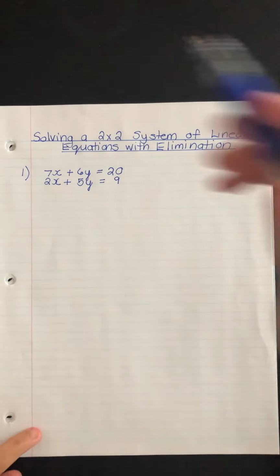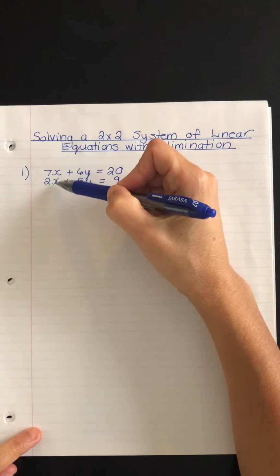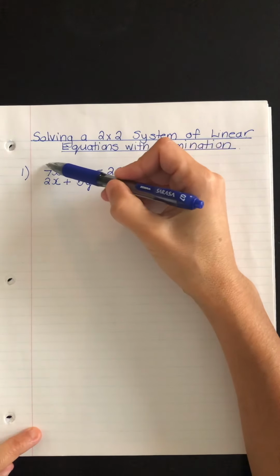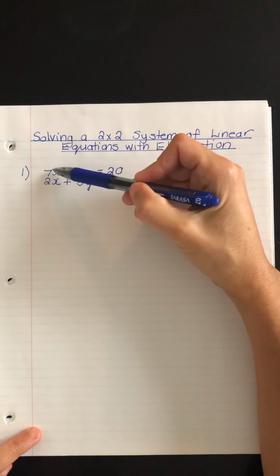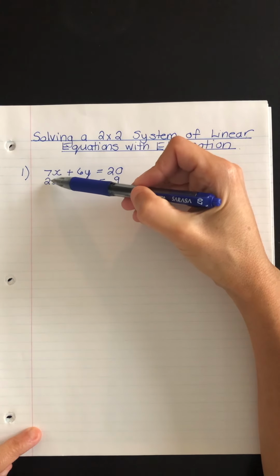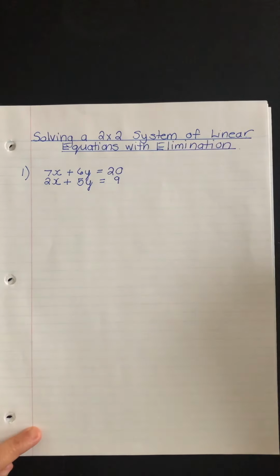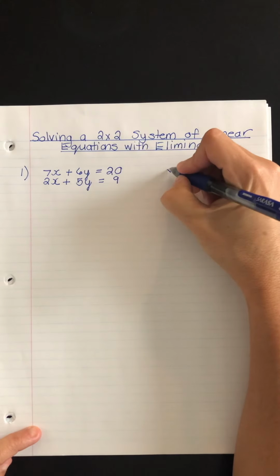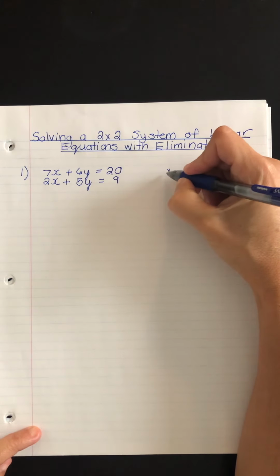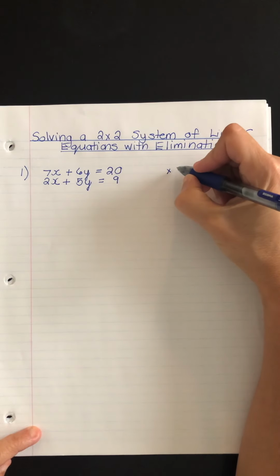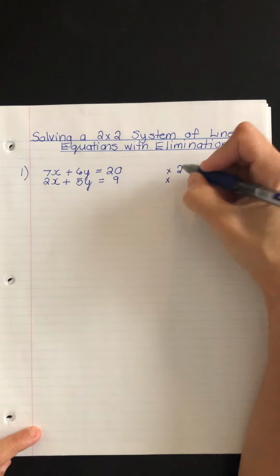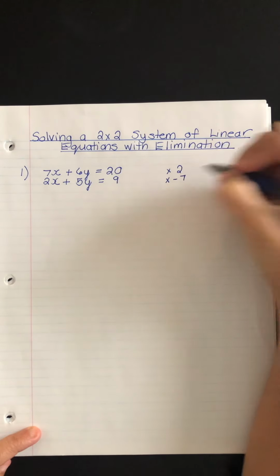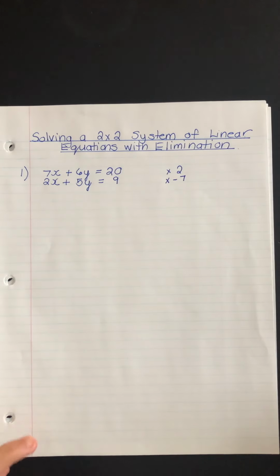For example, if I want to eliminate x, I might try to make one of these numbers 14, perhaps this one, and the other negative 14. That would mean multiplying the first equation by 2 and multiplying the second equation by negative 7. So let's see what that will do here.